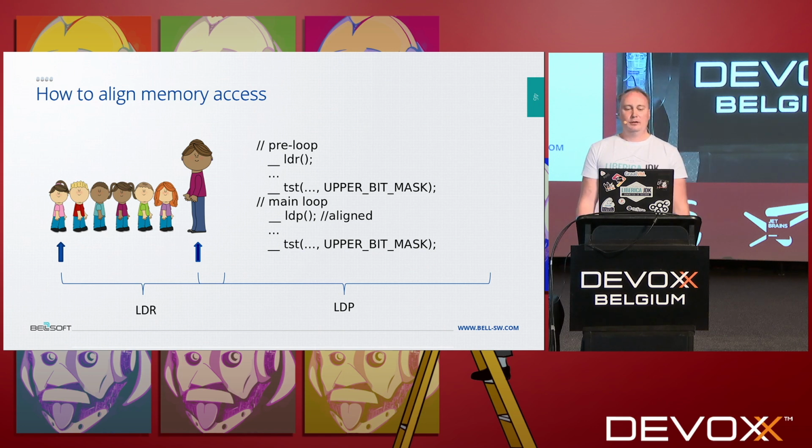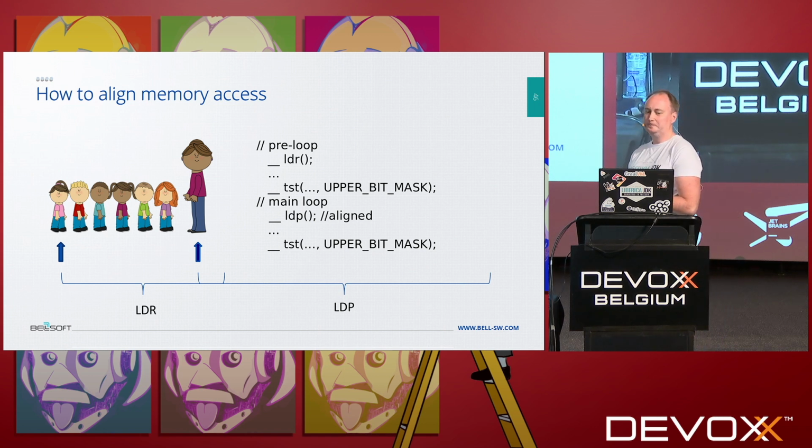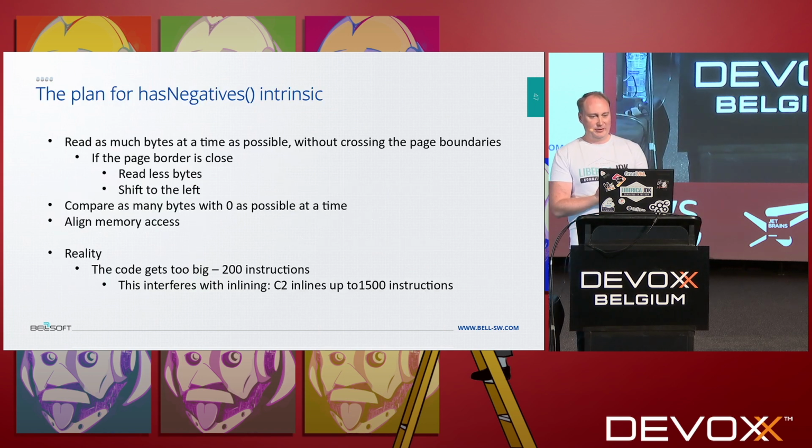So in this case, we can also combine filtering data and wider reads to make a preloop so that our next reads are aligned. Not that hard. But the overall plan looks really complex.